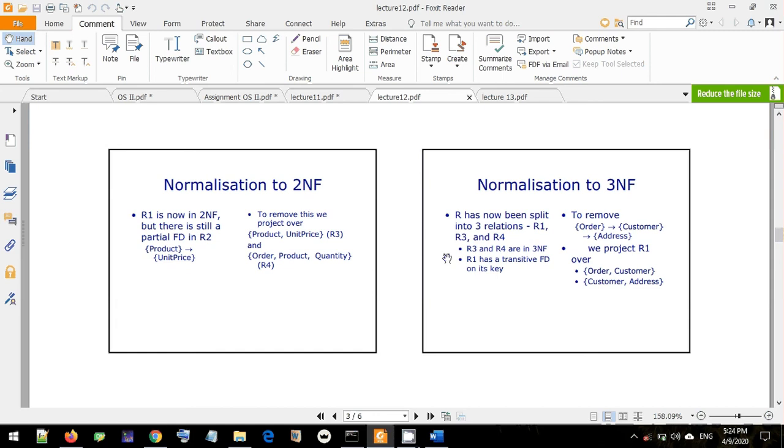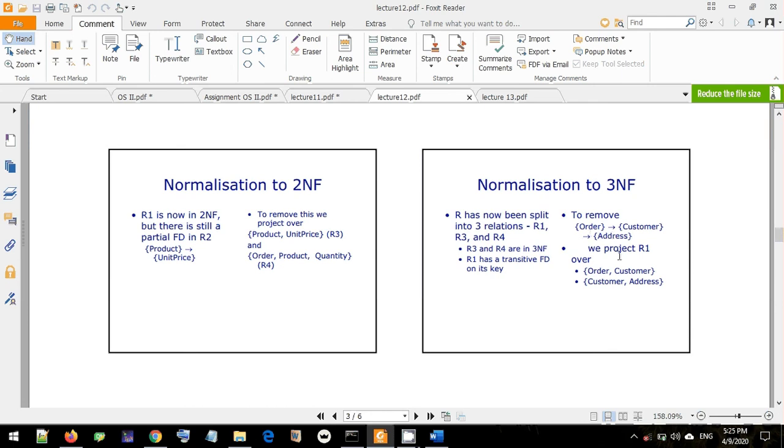Now we shall normalize to the third normal form. Given that we have already normalized all the tables to second normal form, we now have three relations: R1, R3, and R4. As we've established here, R3 and R4 are in third normal form, but R1 has a transitive functional dependency, because order is functionally dependent on customer, and customer is functionally dependent on address, which implies that order is functionally dependent on address.